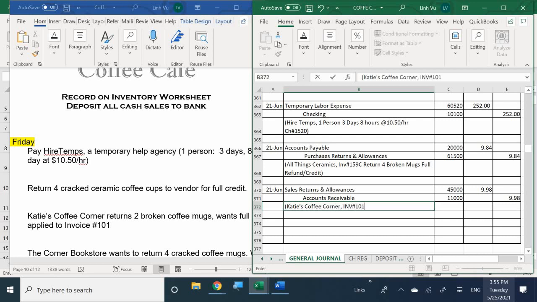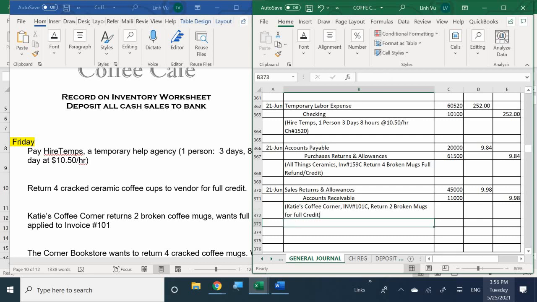Return 2 broken mugs for credit. Okay. Good.